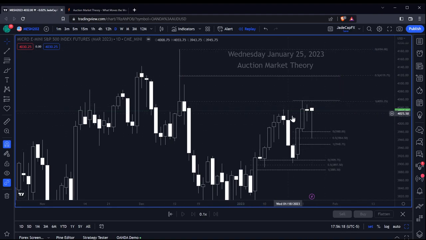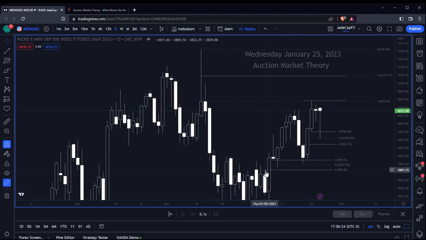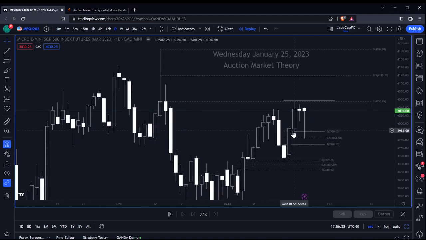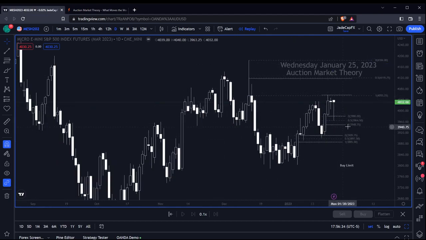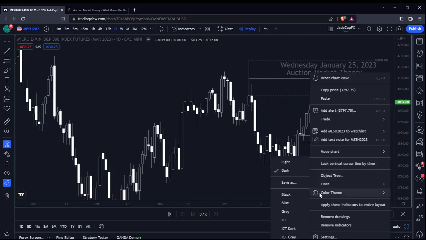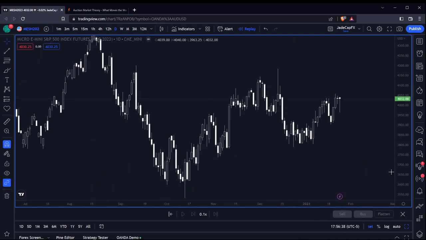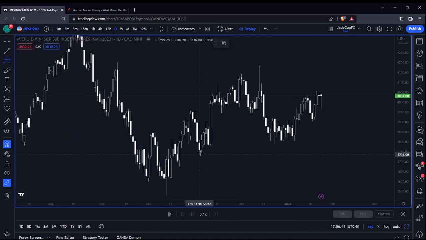Okay, so this whole narrative is based on buyers and sellers. Where are they returning to fair value? This is a fair value gap in price. And where are they going to reprice it to at a premium? So within this smaller time frame, there are additional range levels to play to.